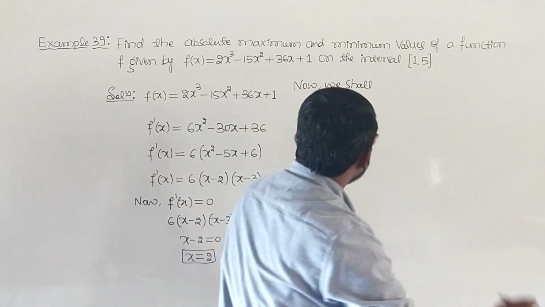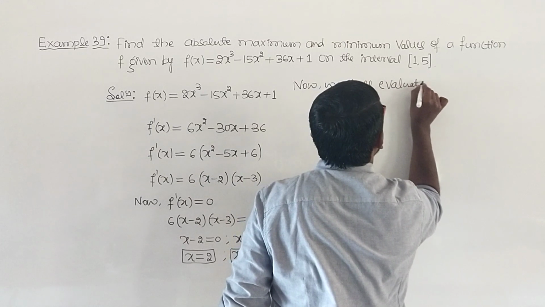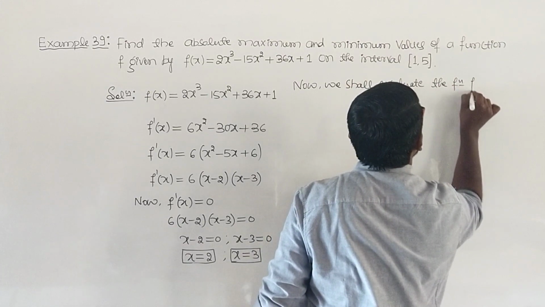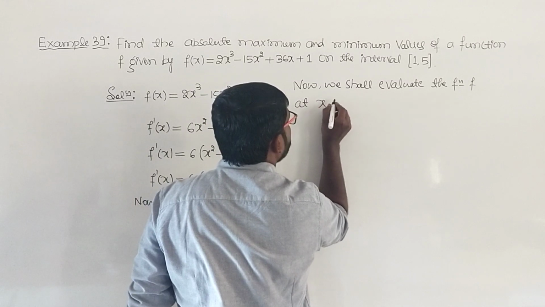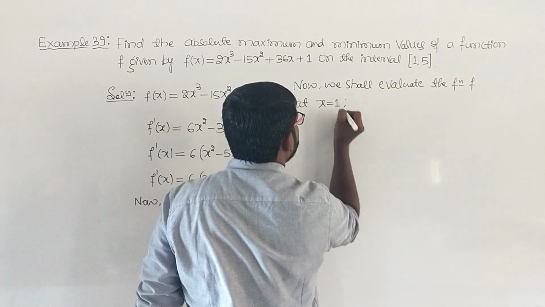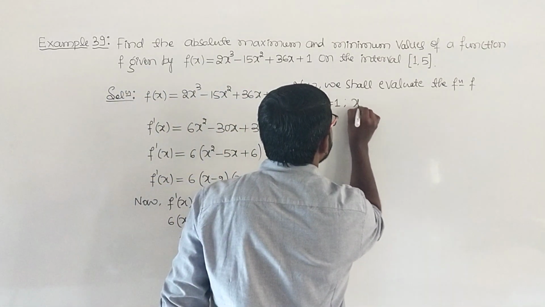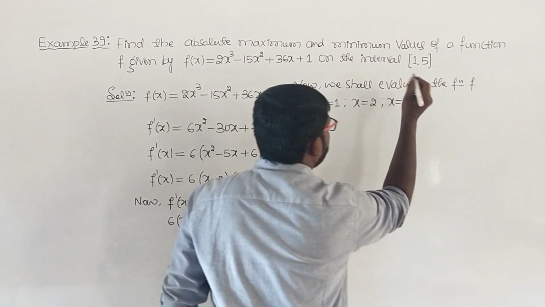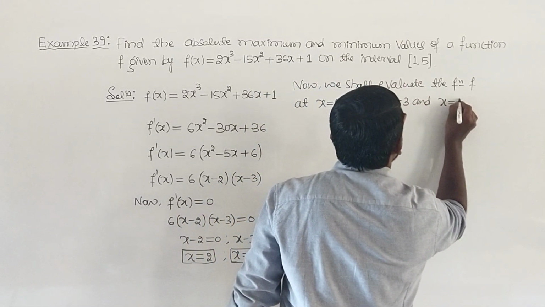So now we shall evaluate the function f at x equal to 1, 2, 3, and 5, in increasing order.